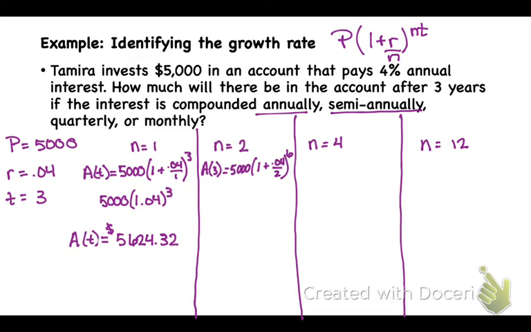I really squished that in, didn't I? Can I divide 0.04 by 2? Yeah. It gives me 0.02. So I have 5,000 times 1.02 to the 6. 2 times 3.